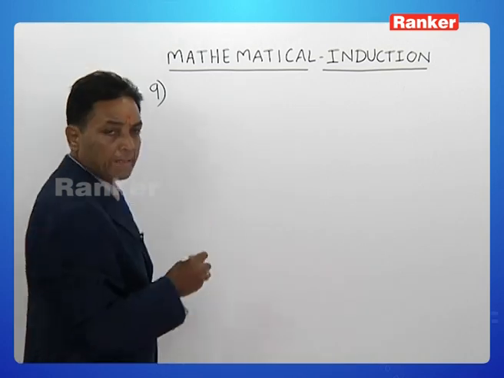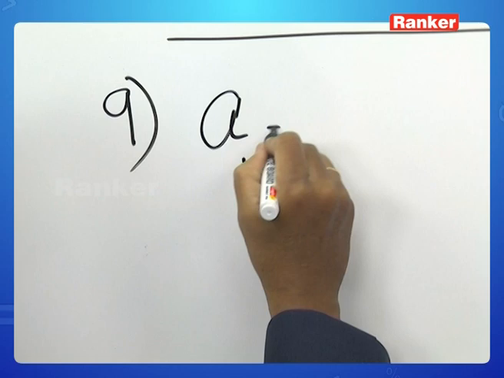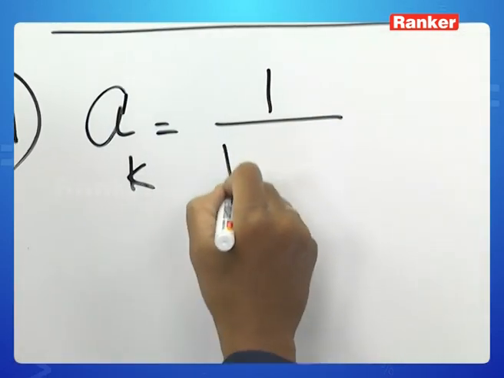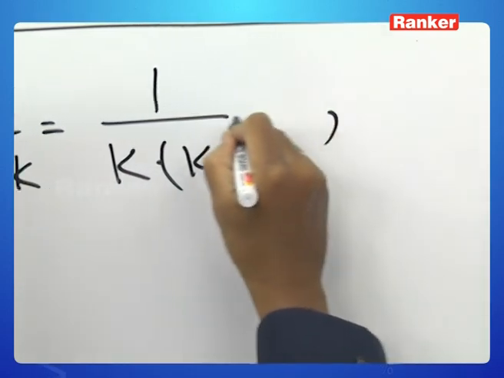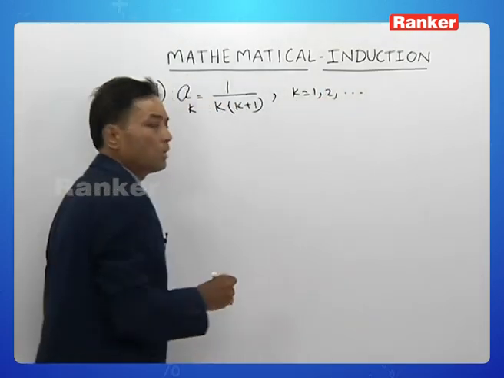So, question number 9. a suffix k is defined as 1 by k into k plus 1, of course given k values 1, 2, 3 and so on up to n.